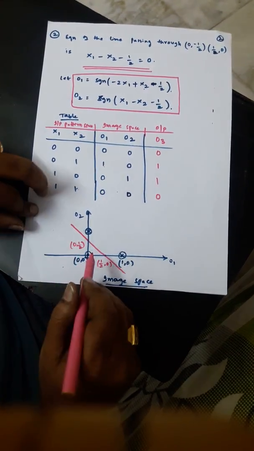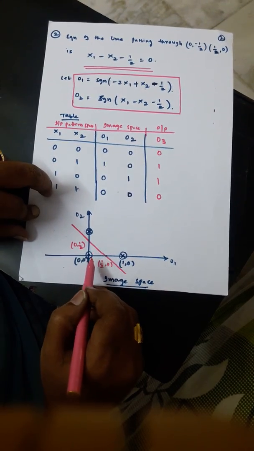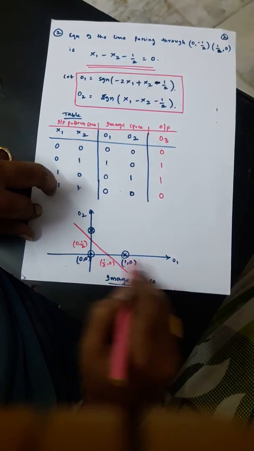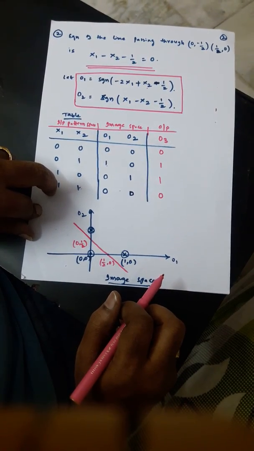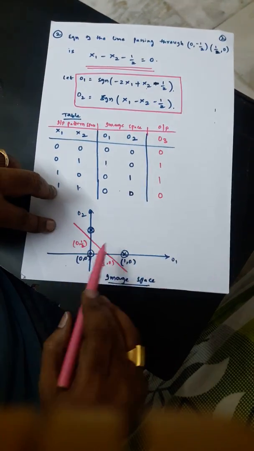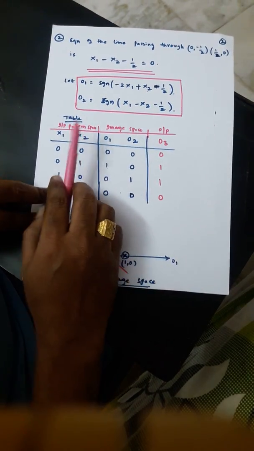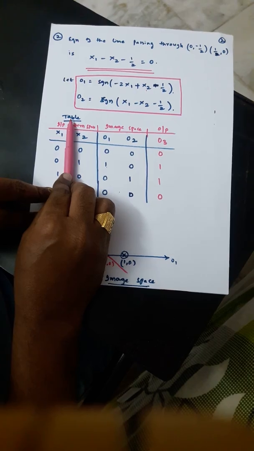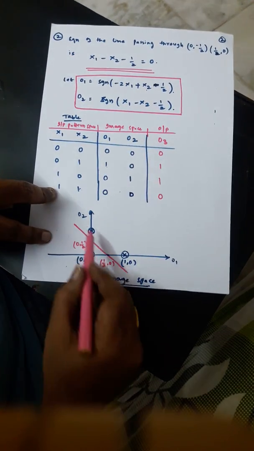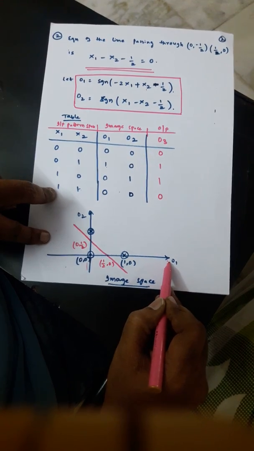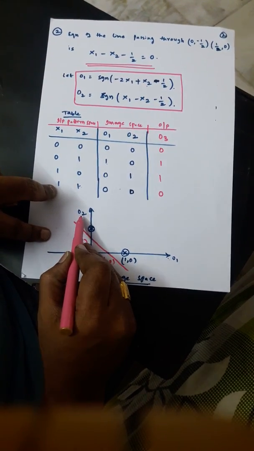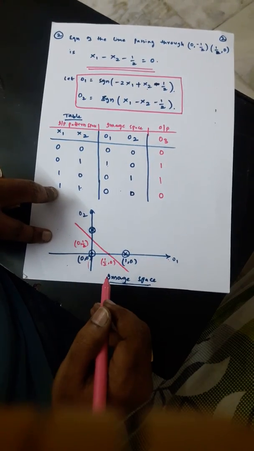Now let us indicate this O1 O2 in the pattern space, in the image space, sorry. This is called the image space. What you are doing here is that the pattern space is converted into image space. O1 and O2 correspond to the x and y axis elements.